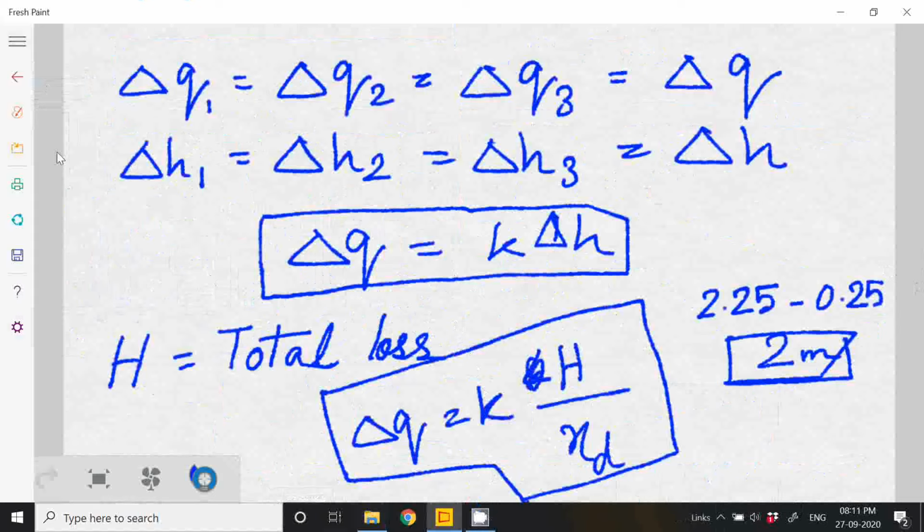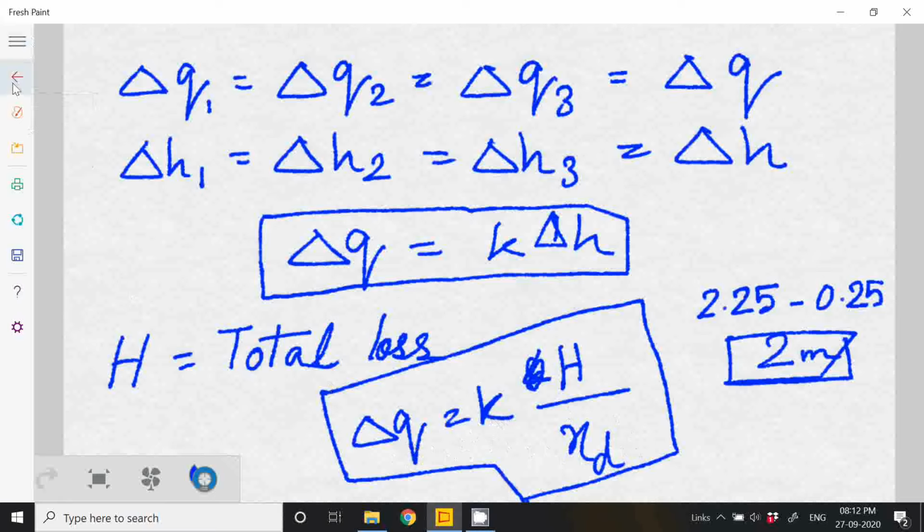We will do a numerical, and in that numerical you will be able to understand it in a much clearer way, where we will be taking the values of number of drops, total head and all. So now you see, delta Q is equal to K into H by ND.